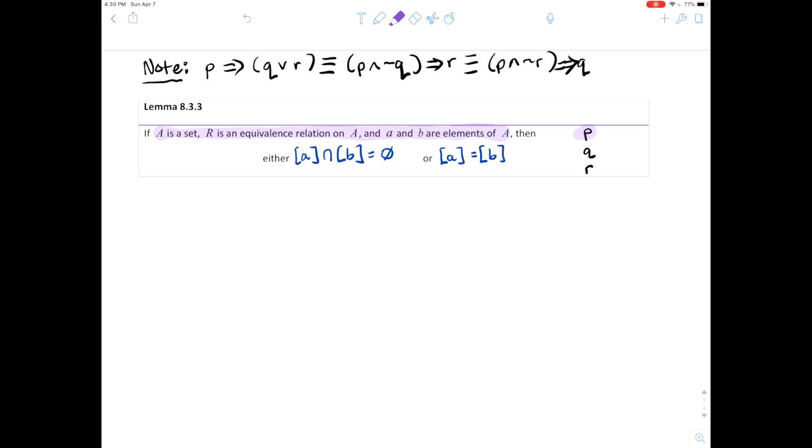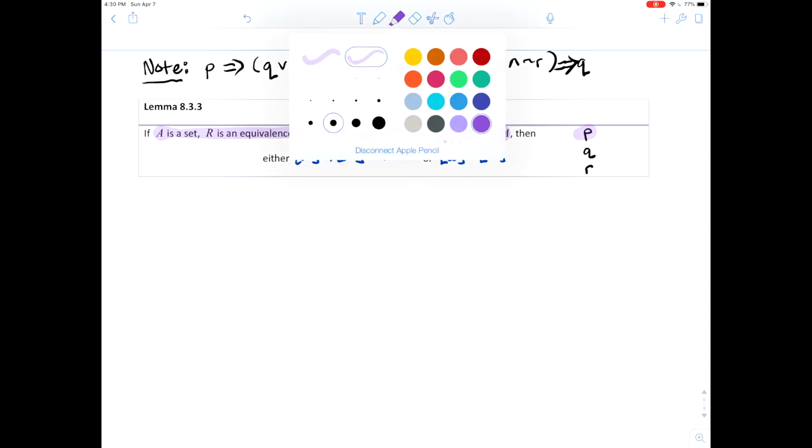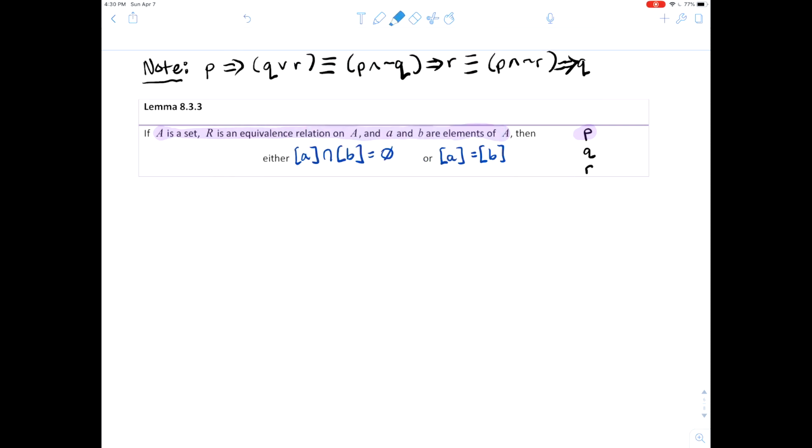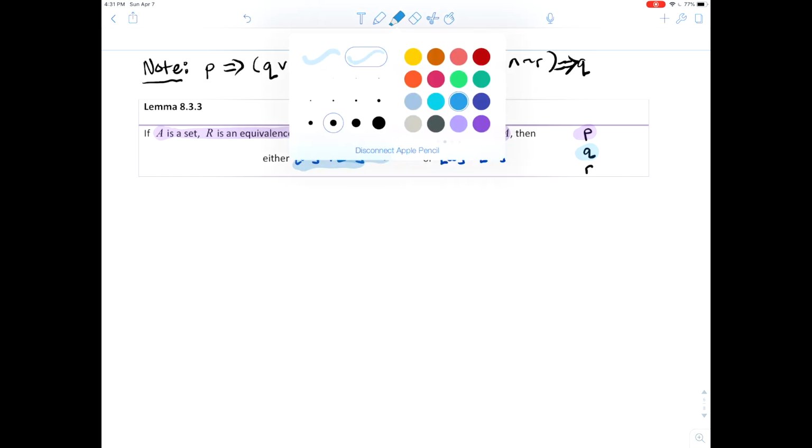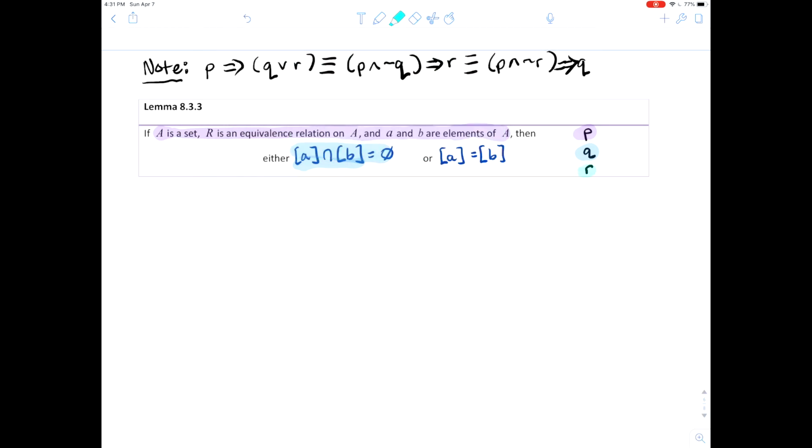That's our premise. And then if we say that Q is the class of a intersect the class of b is the empty set, and then we're going to define R as the class of a equals the class of b. So you just pick whichever one you want to exclude, right? Meaning the Q or the R.